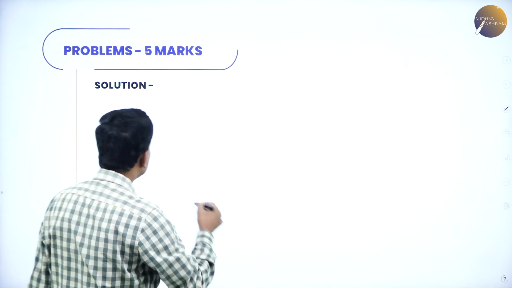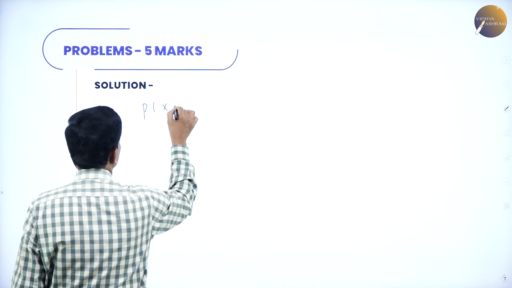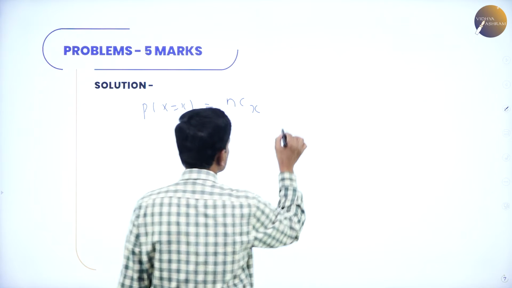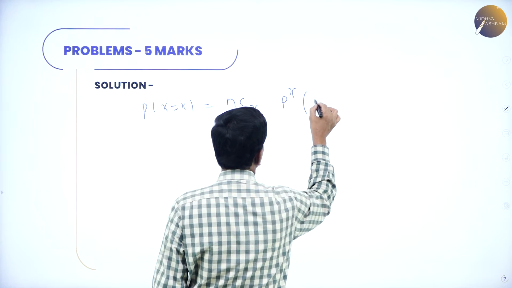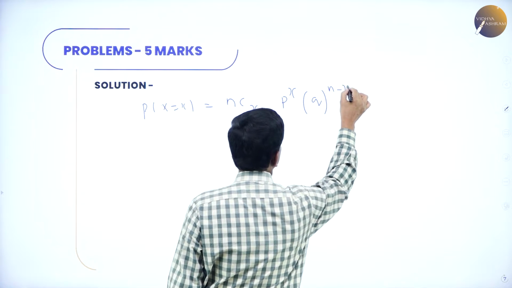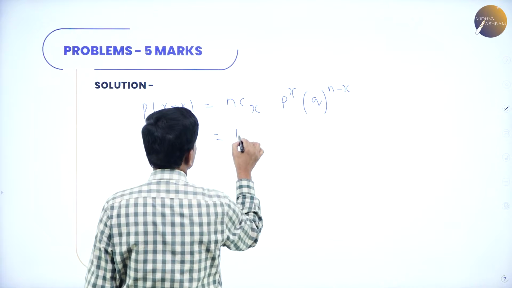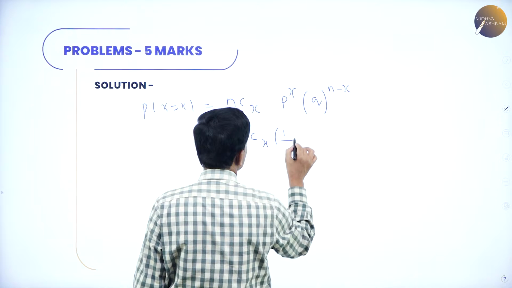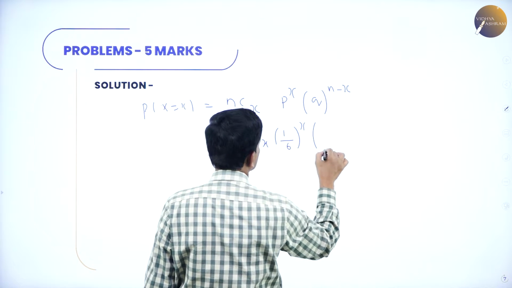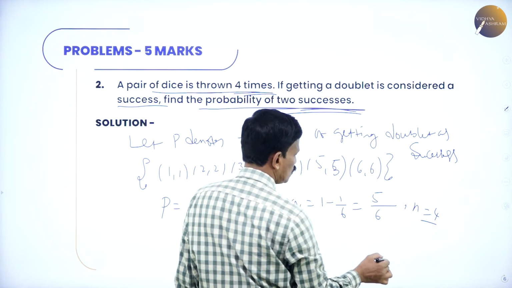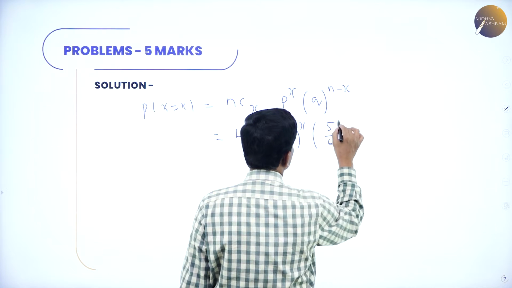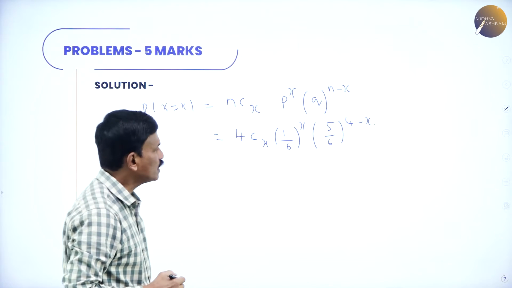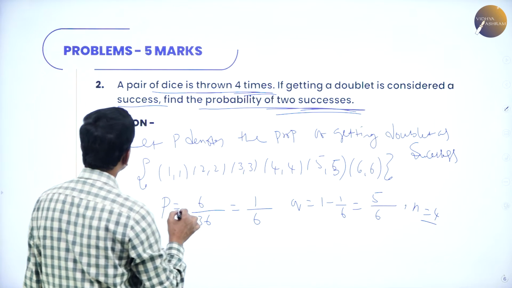Now, using Bernoulli's formula, the probability of X is given by NCX into P to the power of X into Q to the power of N minus X. Here N is equal to 4, so 4CX into P, which is 1 by 6, to the power of X, into Q, which is 5 by 6, to the power of 4 minus X. Now, what is the first condition given?